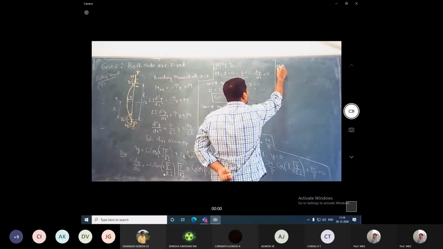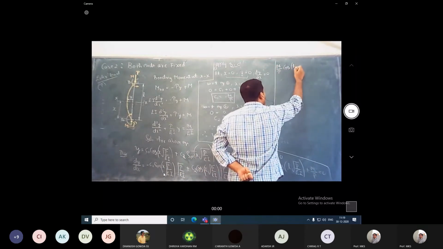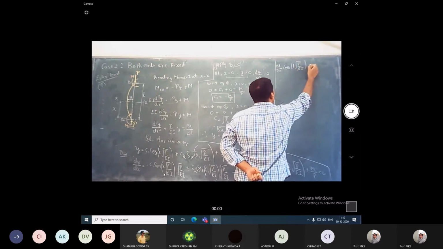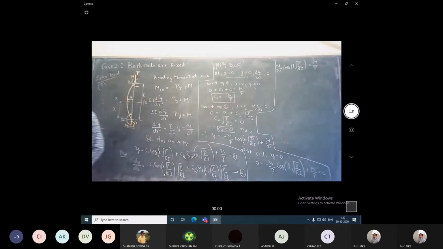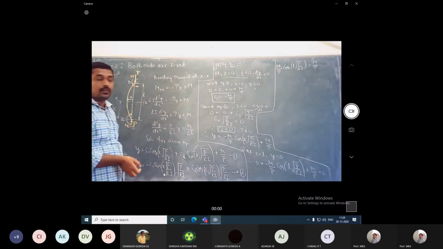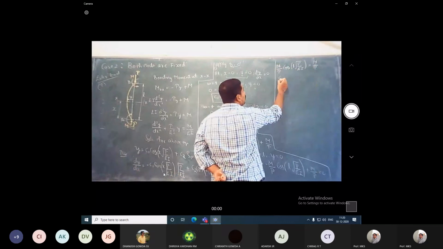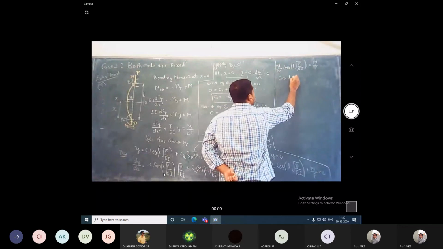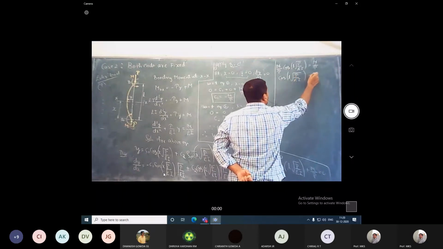Therefore, m by p cos L root p by EI will be equal to m by p, right? So m by p gets cancelled here. So here it will be remaining with 1. So cos L into root of p by EI will be equal to 1.